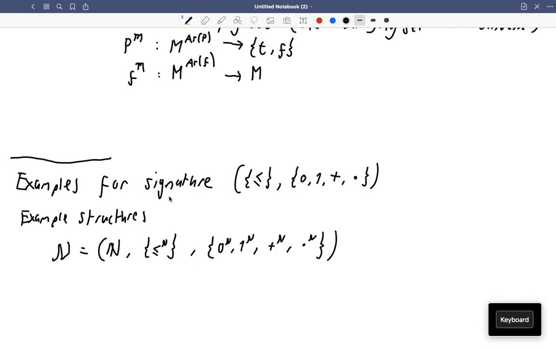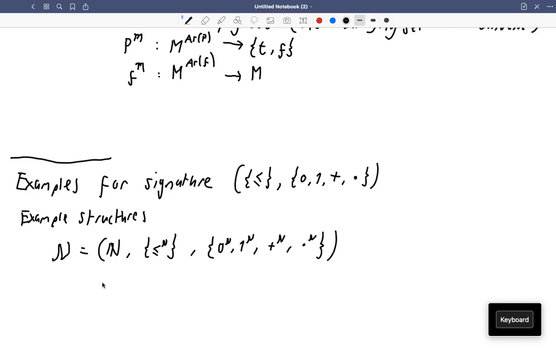To specify what these mean, we need to define the function from tuples from the underlying set with the right arity to true and false in the case of less than or equal, and appropriate functions from the underlying set to itself in the case of the function symbols.